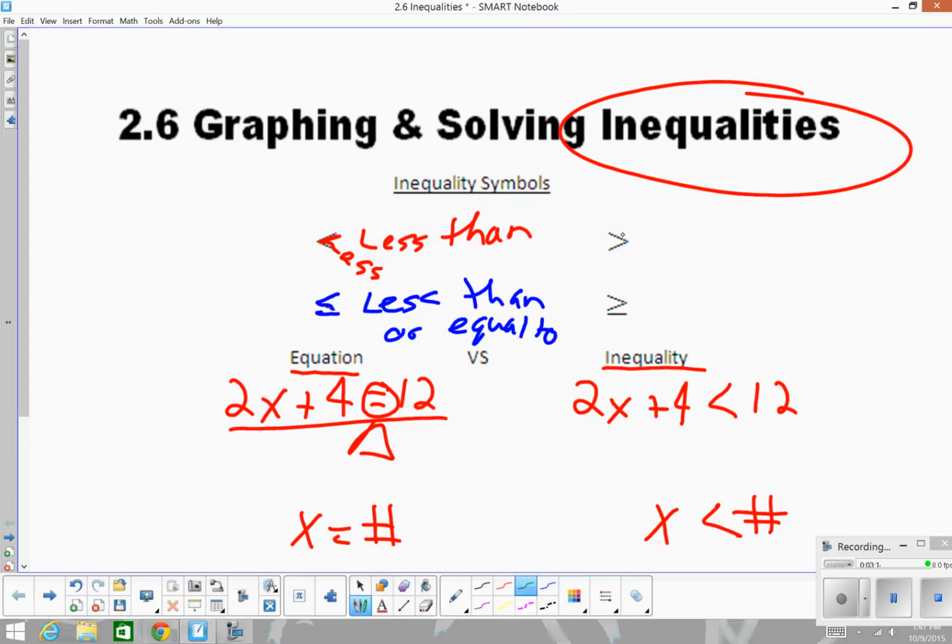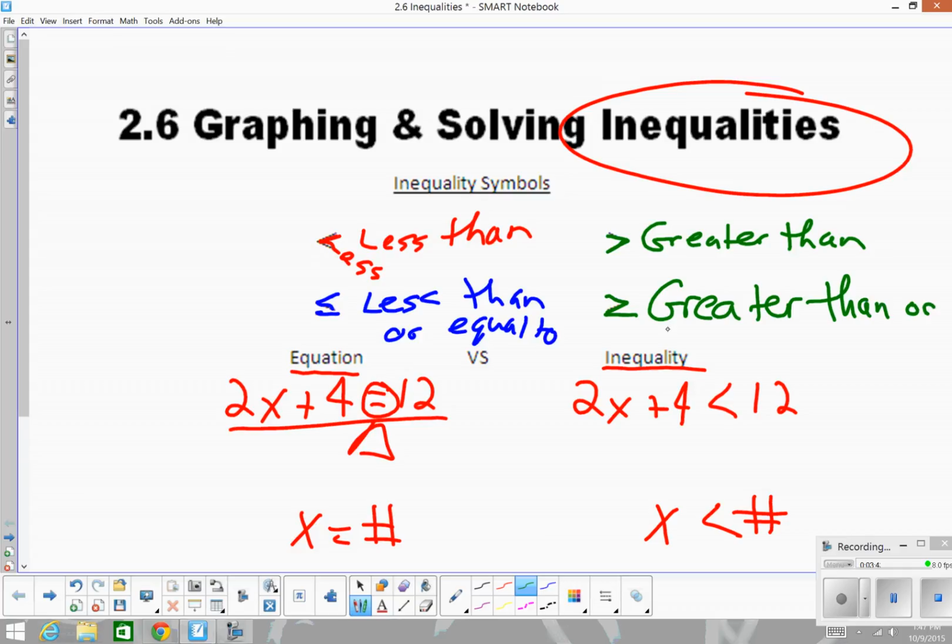Now let's talk about that symbol. If we read this from left to right, it is open to the left side, so that is going to be greater than. I'm going to say the left side is greater than the right side, simply. Also, this one is going to be greater than or equal to.